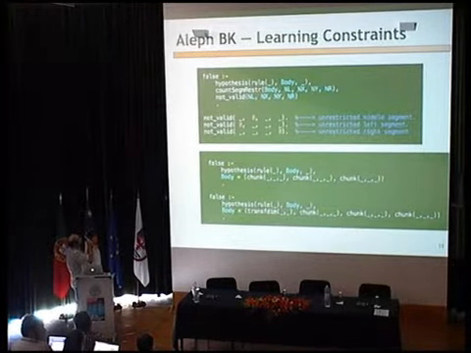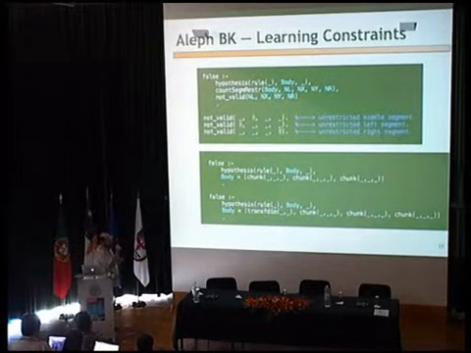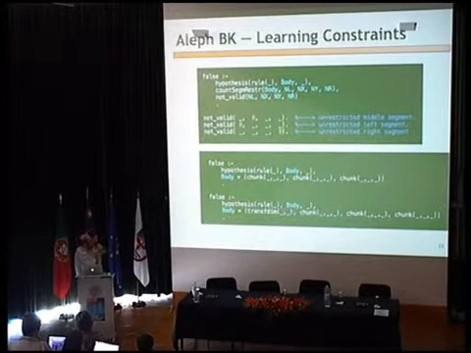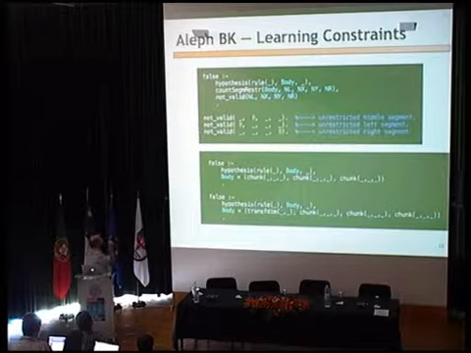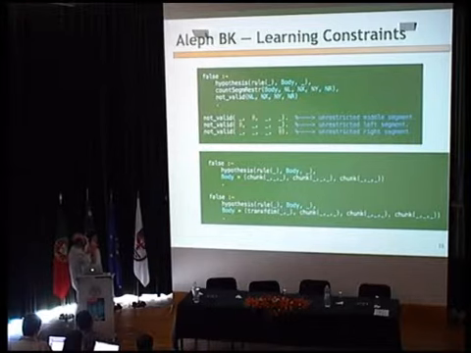Here I show learning constraints that we have introduced in order to better guide the learning and avoid some undesired rules and some rules that don't make sense. In the first block, we are saying that each segment must have some condition, left, right, or middle.